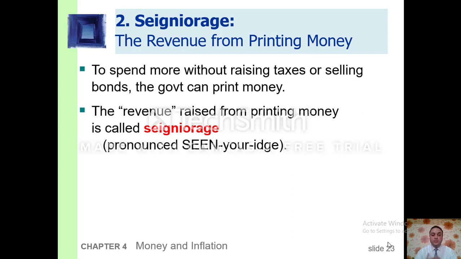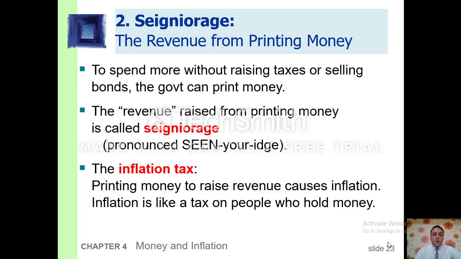The revenue raised from printing money is called seigniorage. It is also called the inflation tax, as printing money to raise revenue causes inflation. So inflation is like a tax on people who hold money.